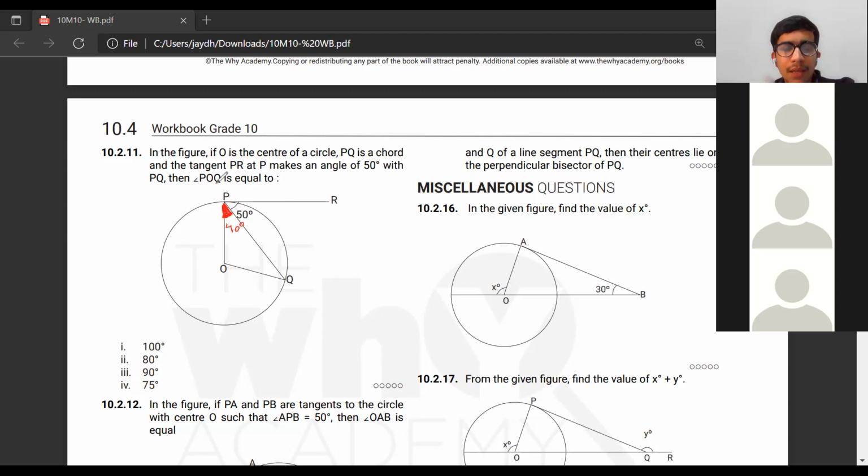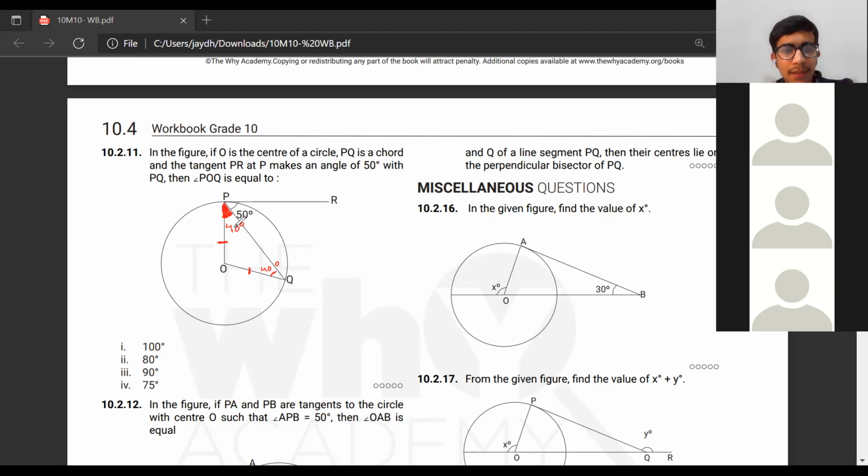Okay, so we have to calculate POQ. How will we do that? First we will find angle PQO, which will be 40 degrees because the triangle is isosceles, since PO is equal to OQ, both being the radius.